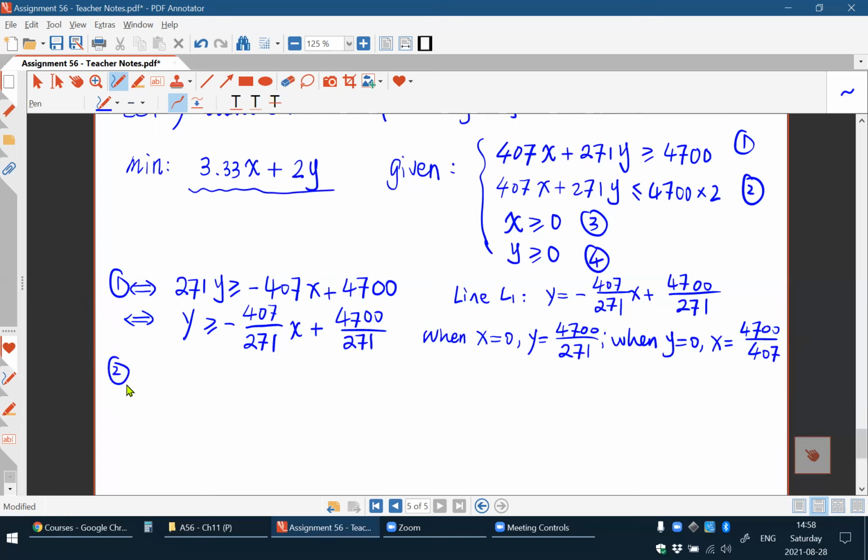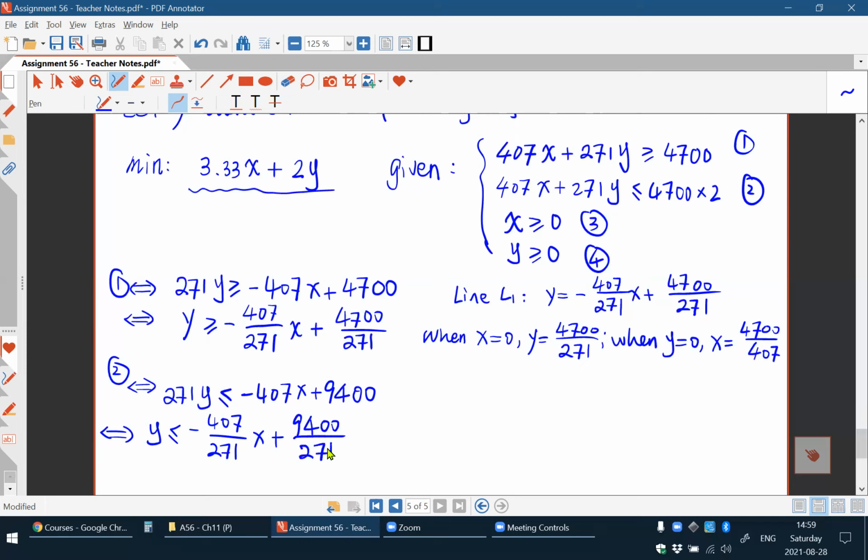Okay, the second constraint is equivalent to 271y less than or equal to minus 407x plus 9400, which is equivalent to y less than or equal to minus 407 over 271x plus 9400 over 271, right?